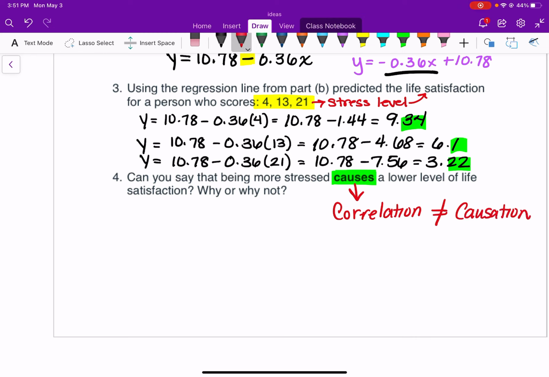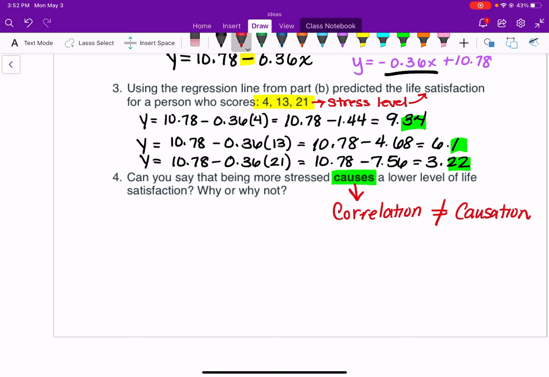Anytime I run a correlation statistic, I can never say that one thing causes the other. Now, can I say they have a relationship? Yes. Can I say it appears that the higher your stress level is, the less you're satisfied with your life? Yes. But I cannot say that stress levels cause life dissatisfaction. There we go. So that is the biggest thing on this.